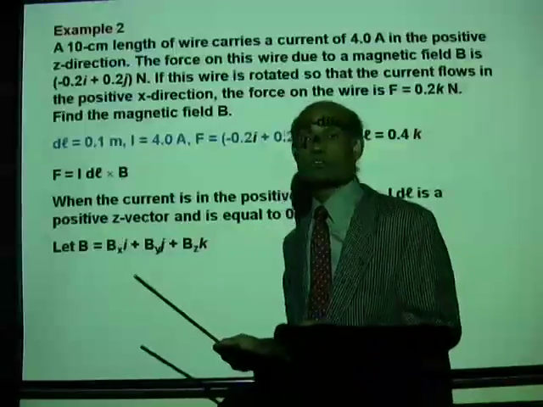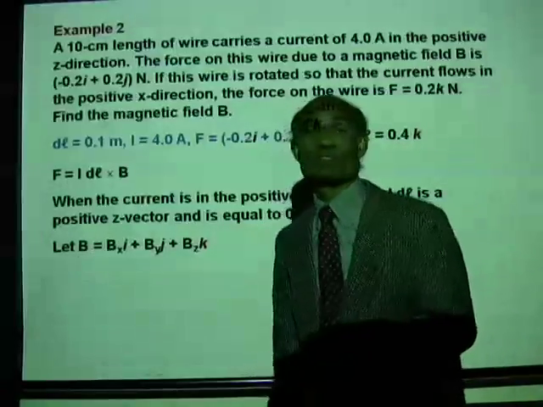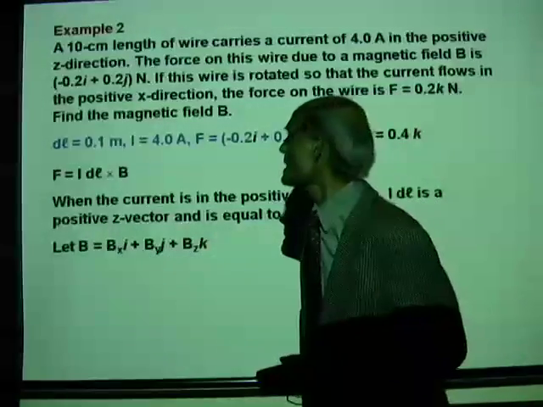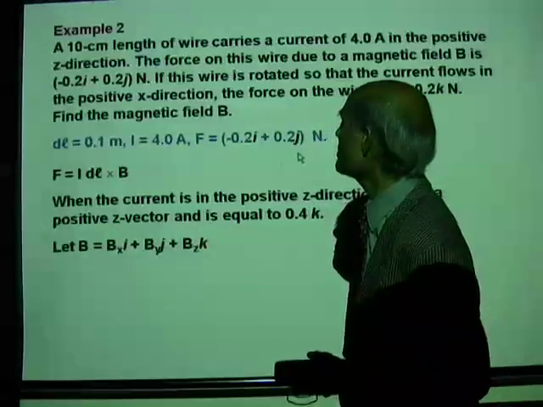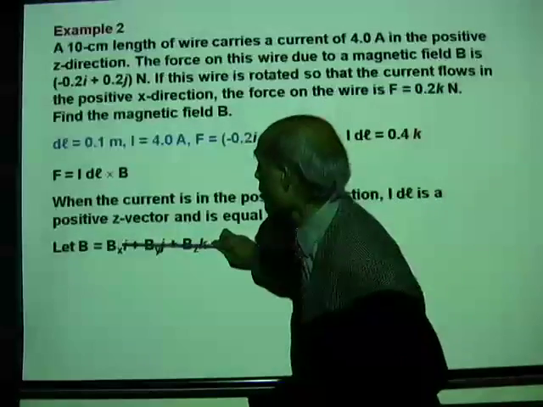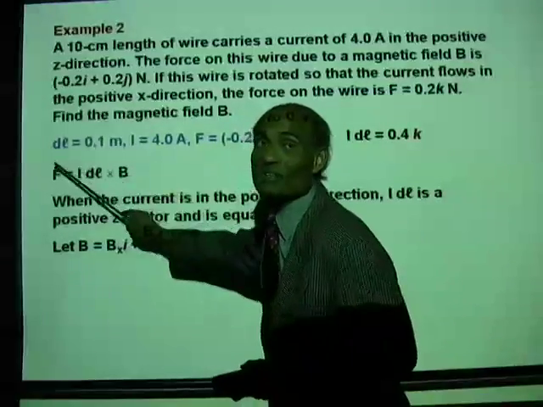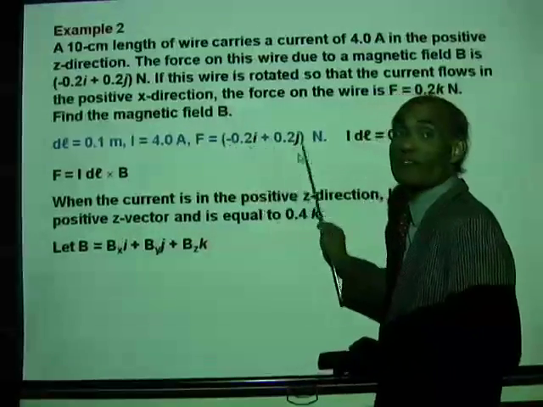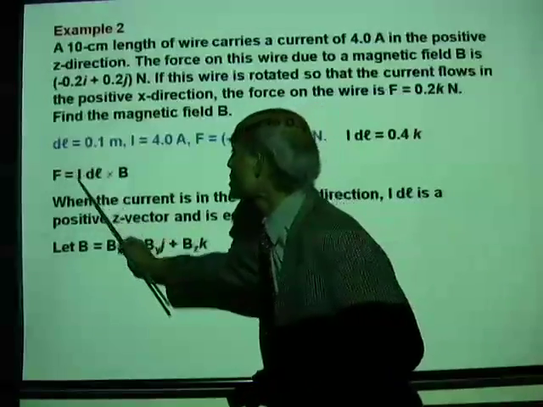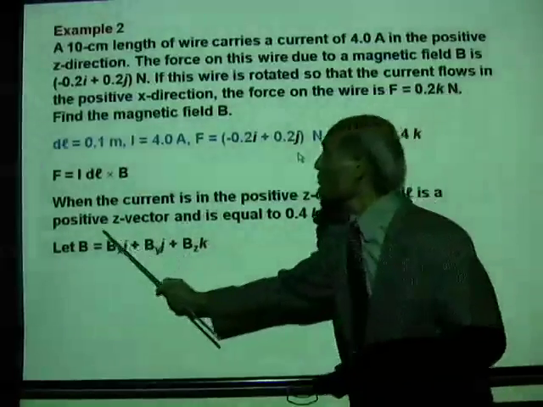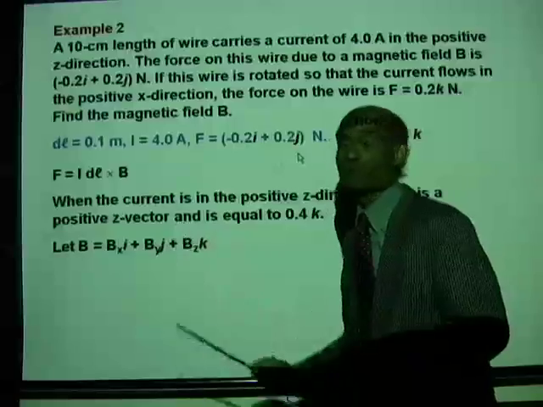Well, they are the three components of the magnetic field B. Now, let's put all these in this equation. We know the vector F. We know IDL. That's the vector IDL. And this is the vector B.